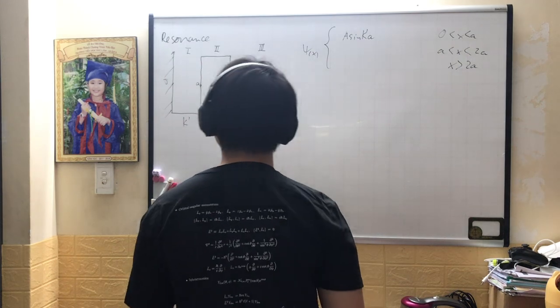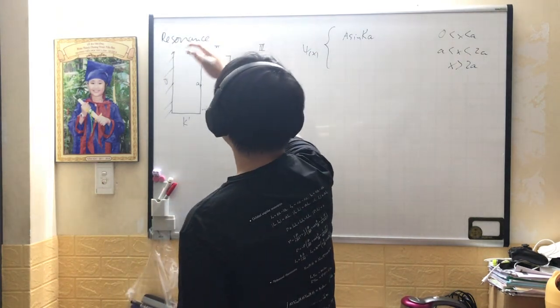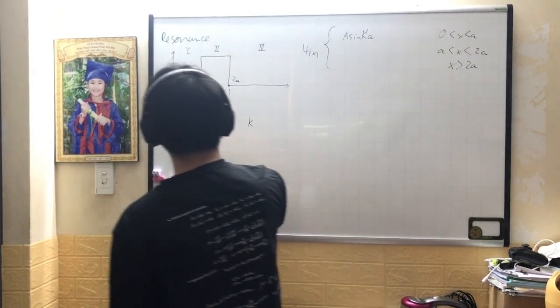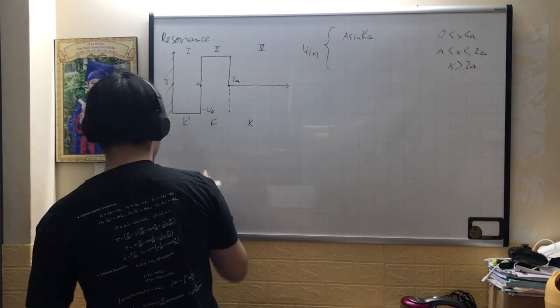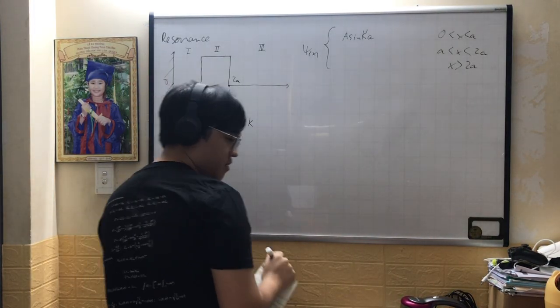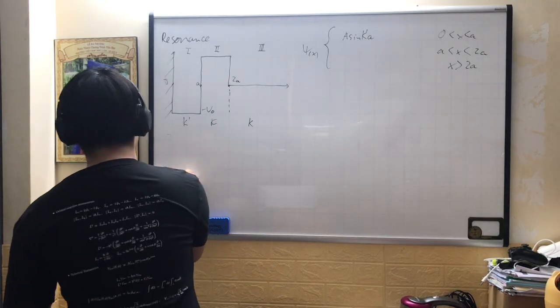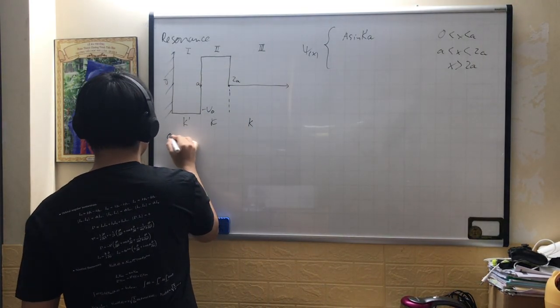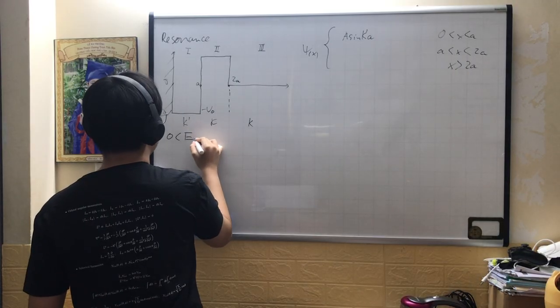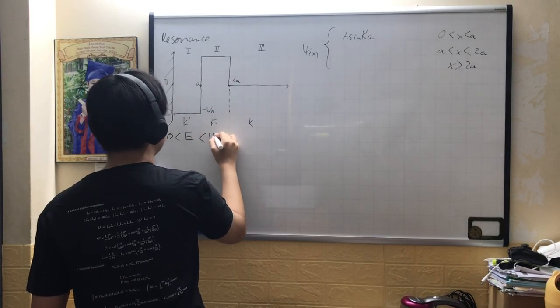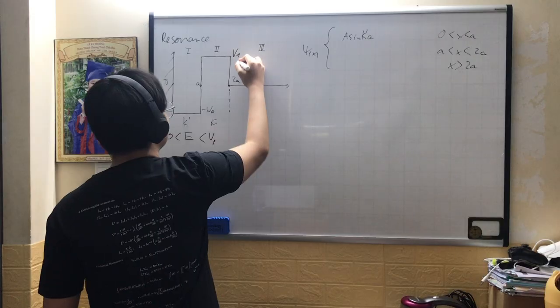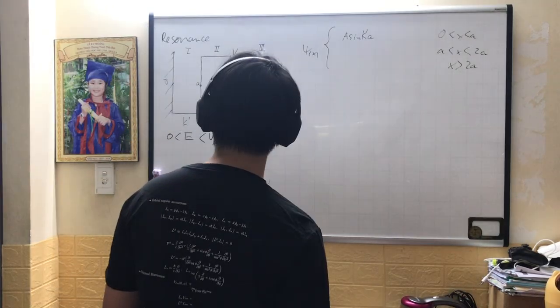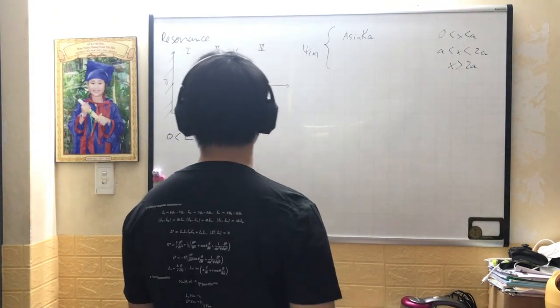And this region is obviously, okay, I forgot to write our energy. Okay, no, my pen died. Our energy would be greater than 0 and less than our V1. Call this V1. Right. So that would be our energy.